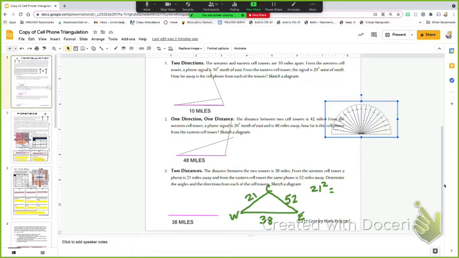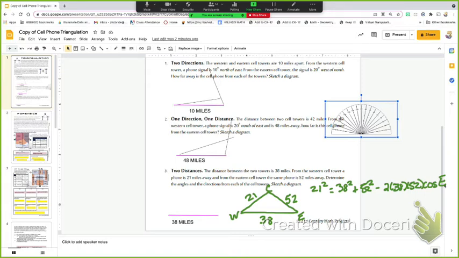So it's going to be 21 squared plus 38 squared plus 52 squared minus 2 times 38 times 52 times the cosine of angle E. And remember, you're going to have to do that algebra to find angle E. When you find angle E, you're going to revert to the law of sines to find angle C, and then you'll find angle W, and then we'll talk about it.